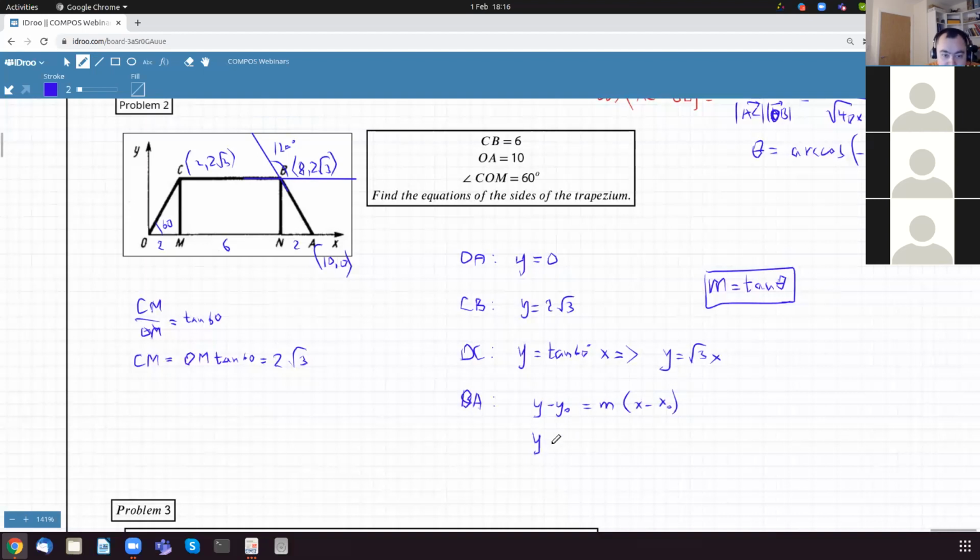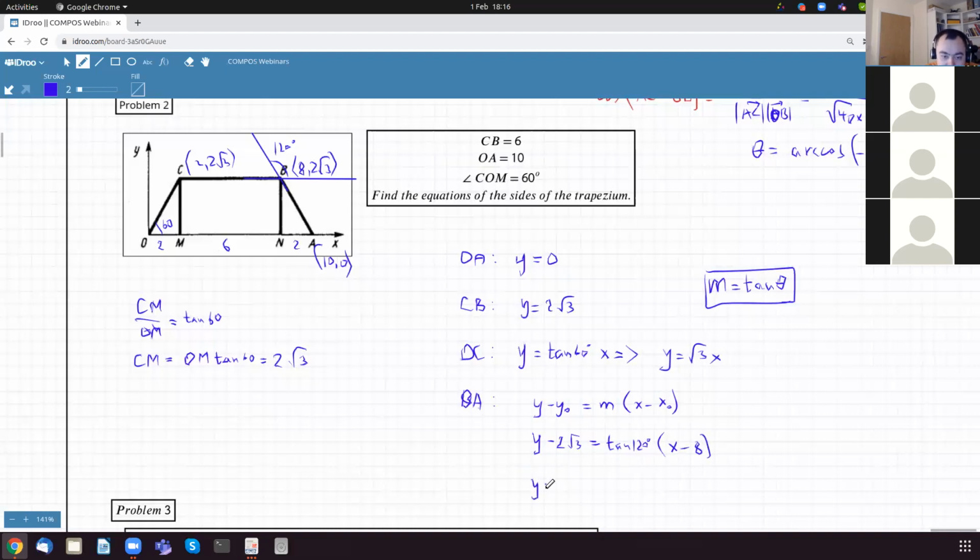So y minus 2 square roots of 3 equals the gradient. The gradient is tangent 120, multiplied by x minus 8. And all we need to do is simplify this.